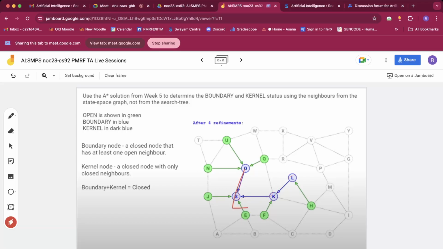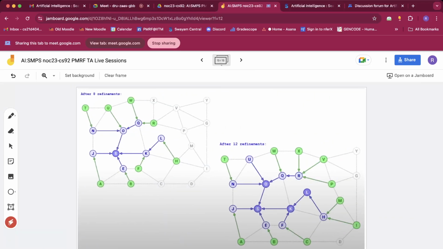Boundary plus kernel makes up closed. And again, to reiterate the definition, a boundary node is a closed node that has at least one open neighbor, and a kernel node is a closed node with only closed neighbors. Now this is the stage that we were also at. If we go further, this is what we will get.